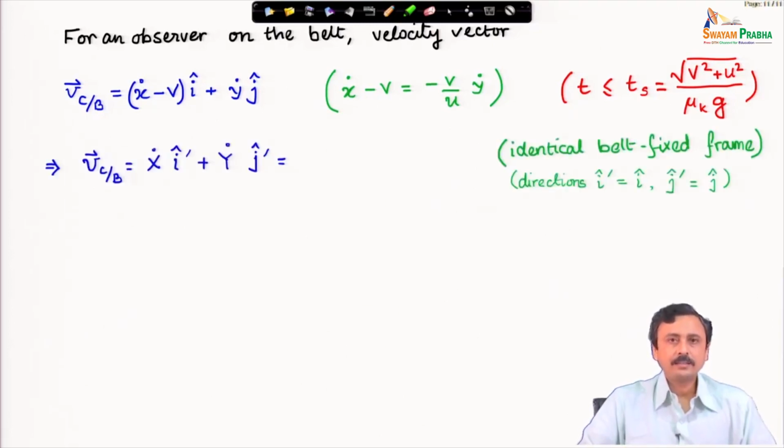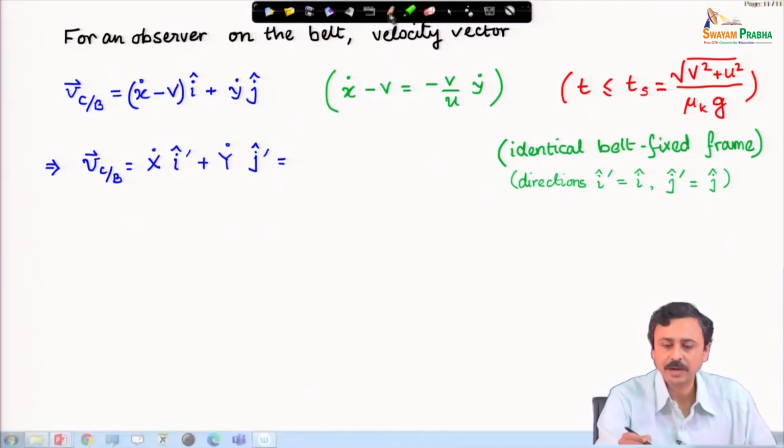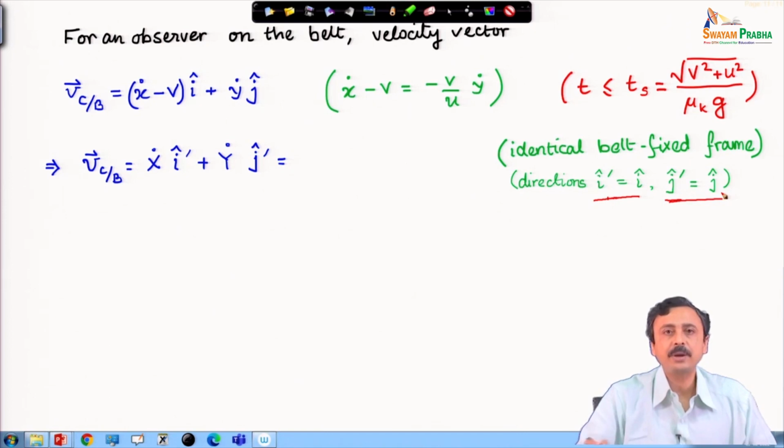Now, I imagine another coordinate system which is moving with the belt, but co-oriented with that x y z on the platform. That means these i cap and j cap directions are the same as i cap prime and j cap prime, which I have shown here, on the belt, and they are in the same directions as i cap and j cap. Remember, unit vectors always indicate directions.